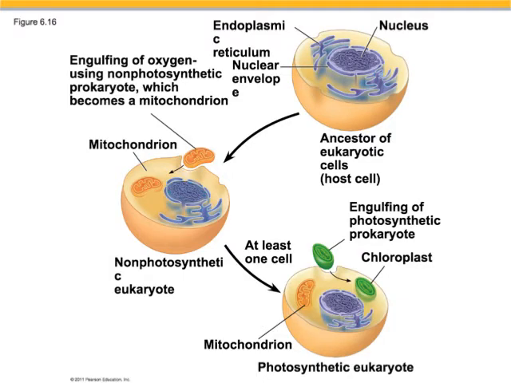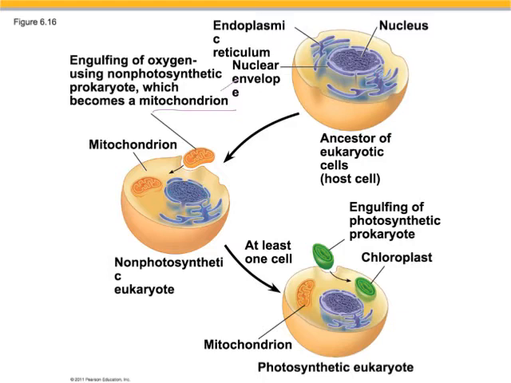Now, endosymbiotic theory is widely accepted, and it states that an early ancestor of these eukaryotic cells engulfed an oxygen-using non-photosynthetic cell, so that would be like the mitochondrion.